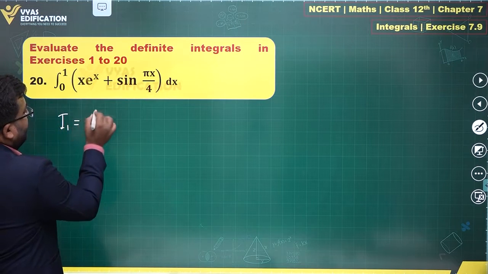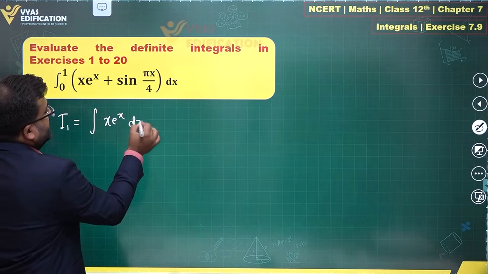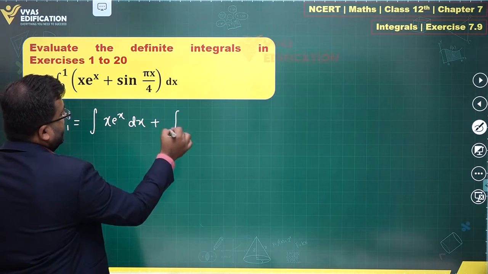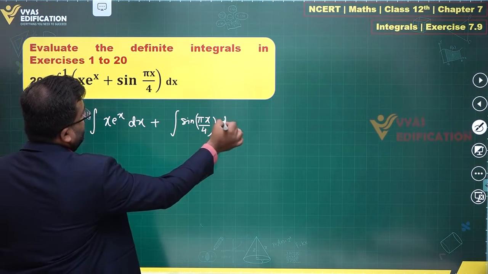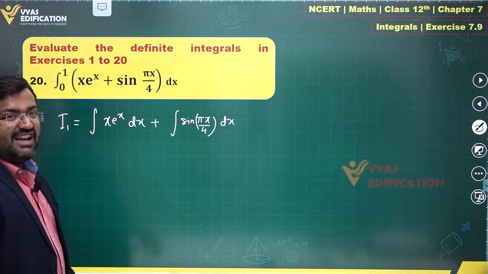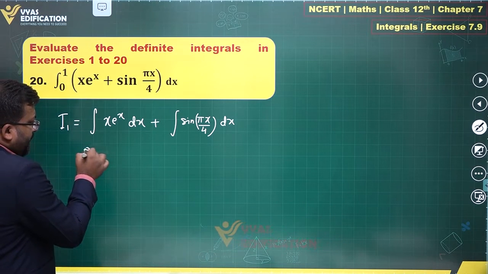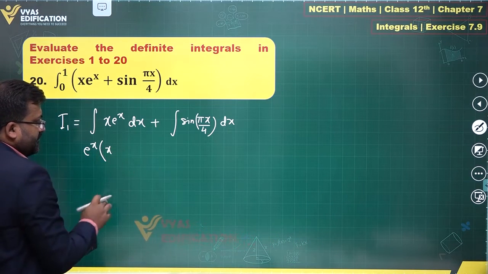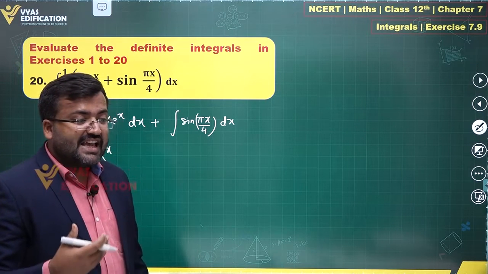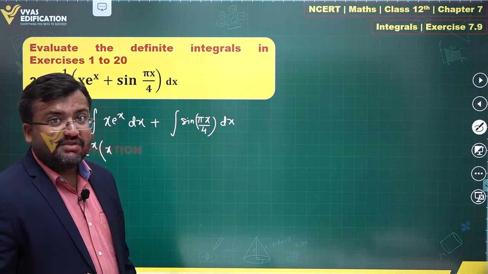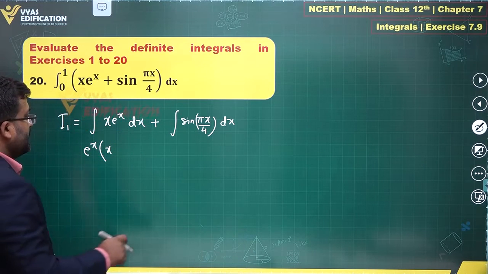Let's focus on I1, which is the integral of x e power x dx plus the integral of sine pi x by 4 dx. Let's separate these two indefinite integrals. Right, so along with e power x you have x, okay, the derivative of x can be created. What are we using over here? The special integral, which says the integral of e power x times fx plus f prime x dx is equal to e power x fx.